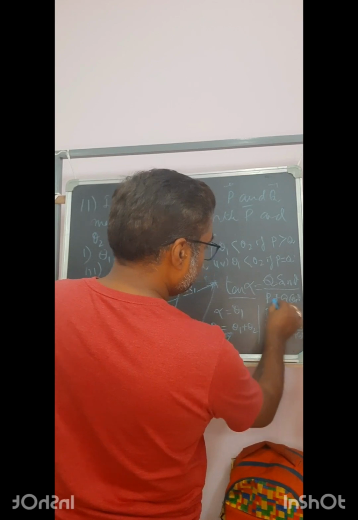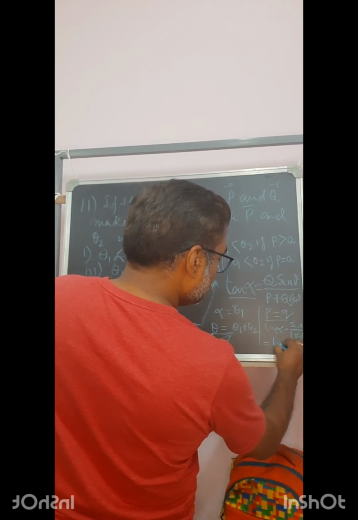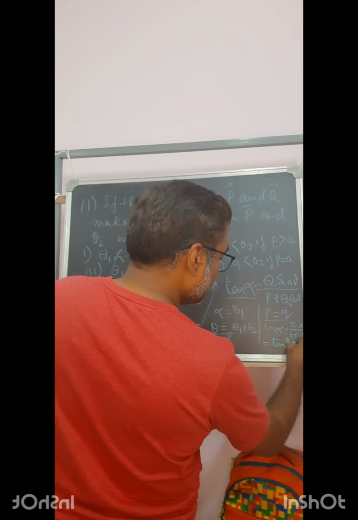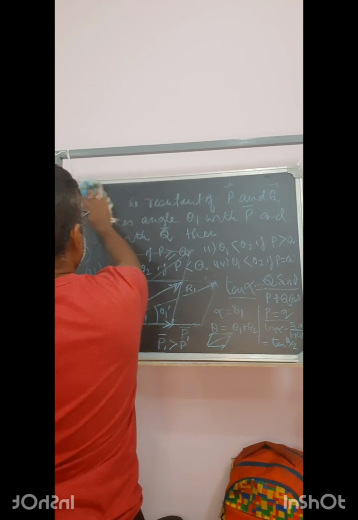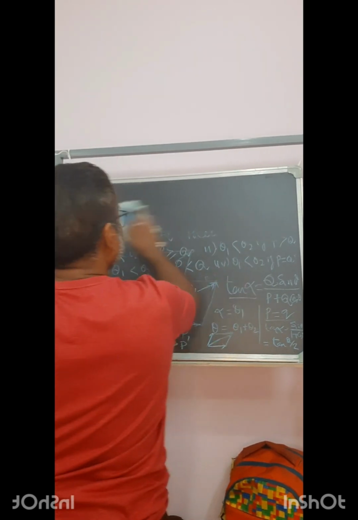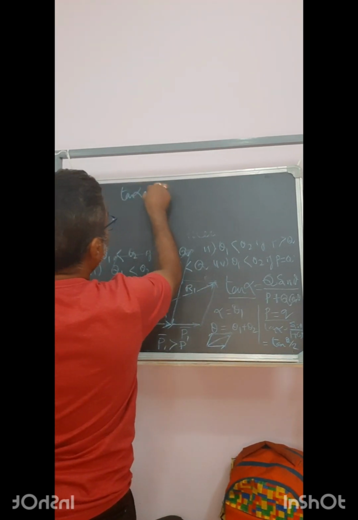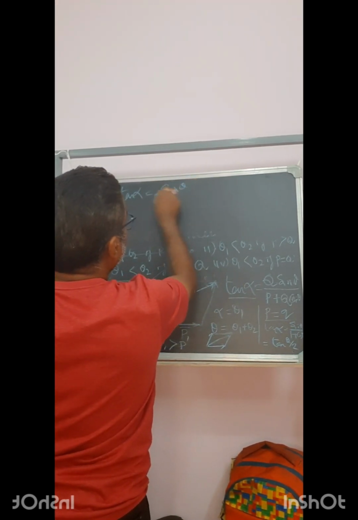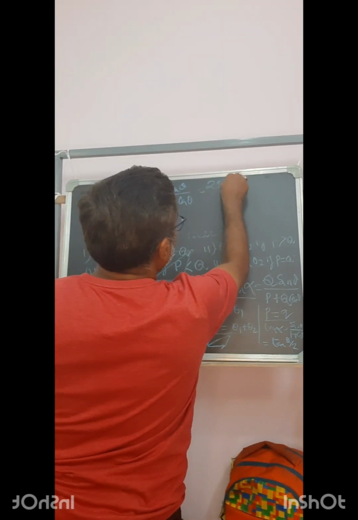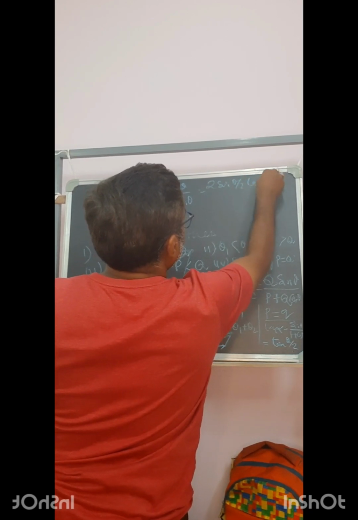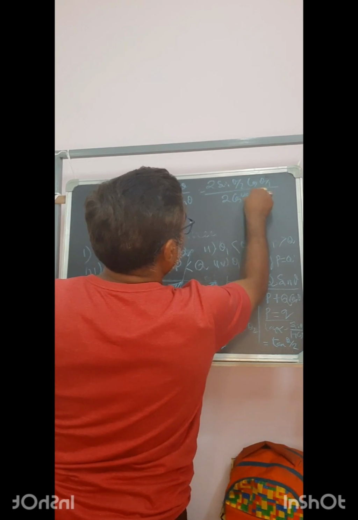So tan alpha is equal to sin theta upon 1 plus cos theta, that is equal to 2 sin theta by 2 cos theta by 2 upon 2 cos square theta by 2.